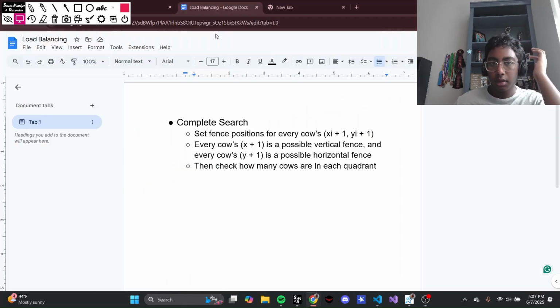What you want to do is set fence positions for every cow's xi plus 1, yi plus 1, right? So every cow's x coordinate plus 1 is a possible vertical fence, and every cow's y coordinate plus 1 is a possible horizontal fence.